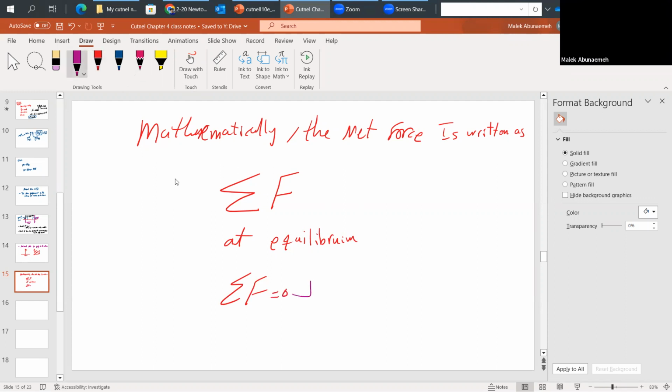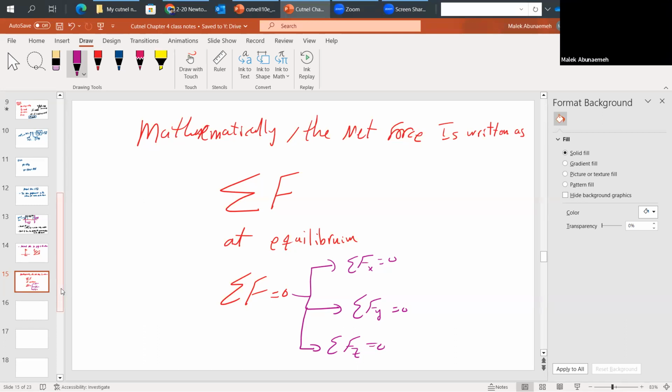But we have 3 directions, so all your forces in the x direction are going to equal 0, all the forces in the y direction are going to equal 0, and all the forces in the z direction are going to equal 0.